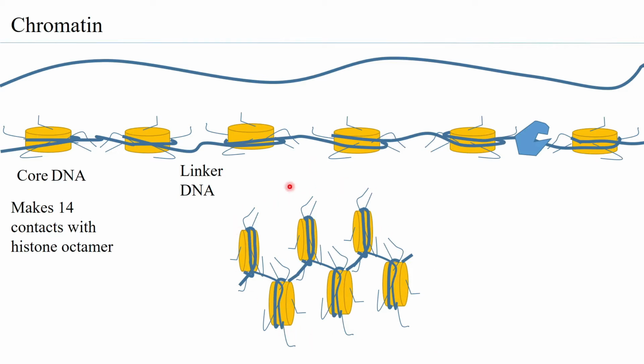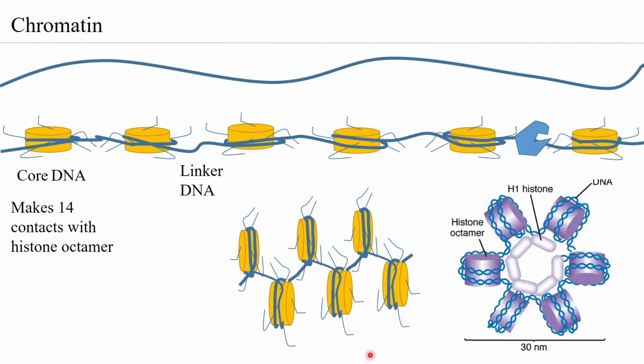Now suppose you have this bead in the string structure, or the 10 nanometer fiber, condensing further to form what is called a 30 nanometer fiber, or what is also called the solenoid form of the DNA. It's called solenoid because you can see that you have basically six nucleosomes forming a loop, and likewise several loops being formed.